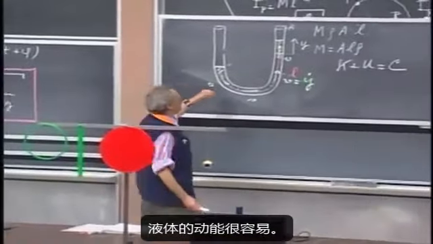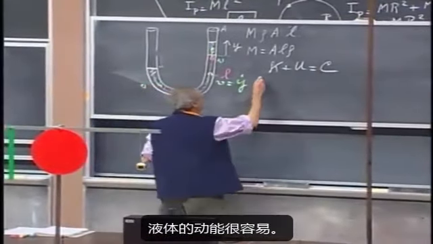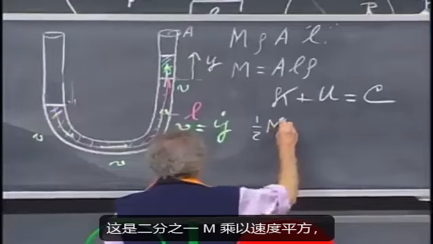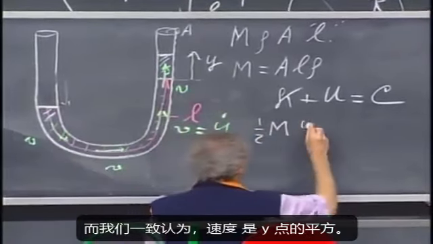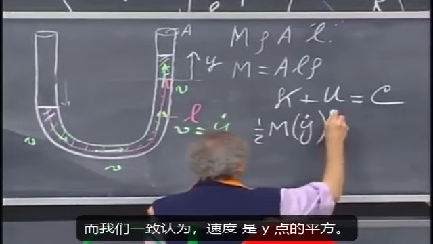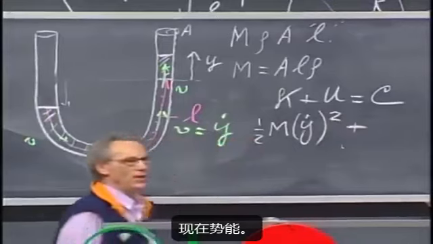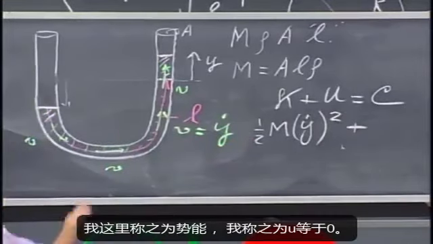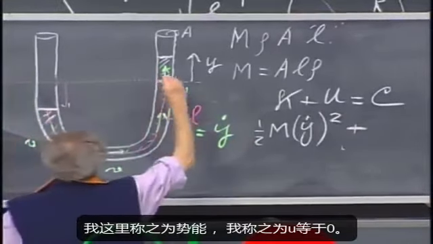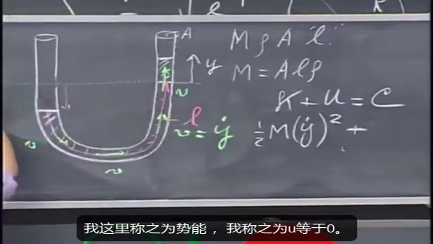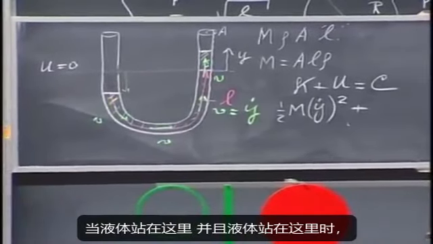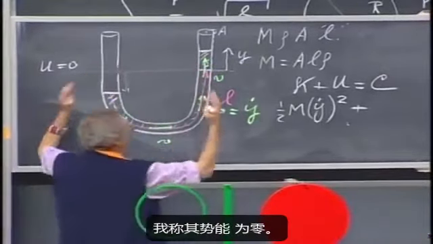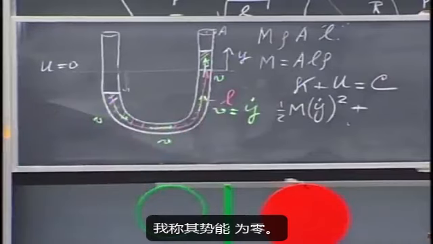The kinetic energy of the liquid is easy. That is 1/2 m times the velocity squared, and the velocity we agreed is y dot, squared. Now the potential energy. I call the potential energy U equals 0 when the liquid is standing here and the liquid is standing here.